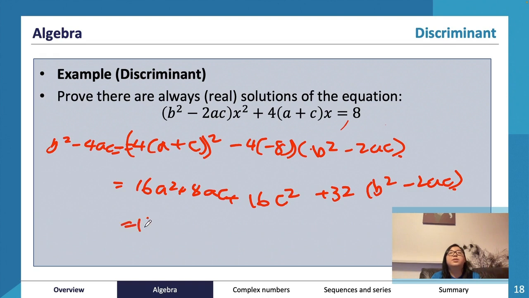So we're going to end up with 16a squared plus 32, sorry, not 8, 32, so that's 16 times 8, which is quite big.